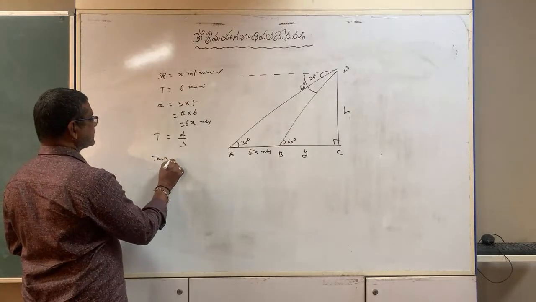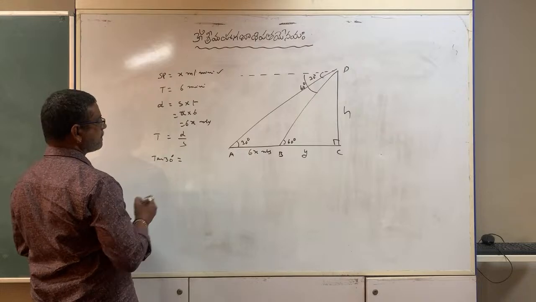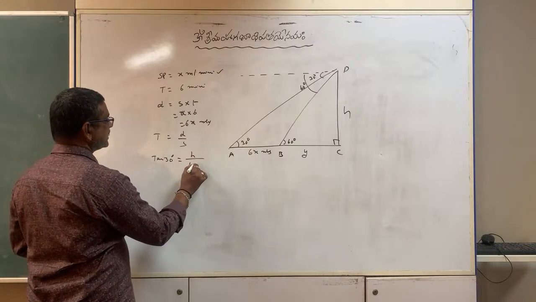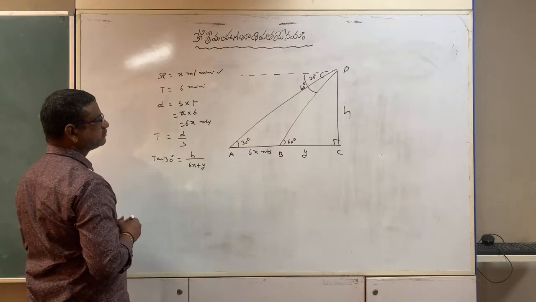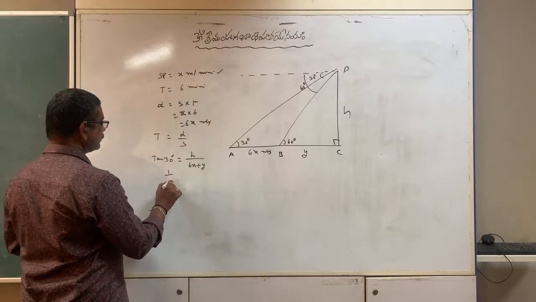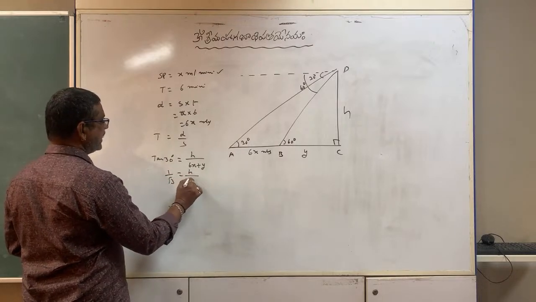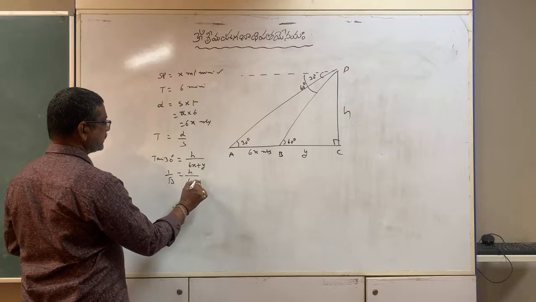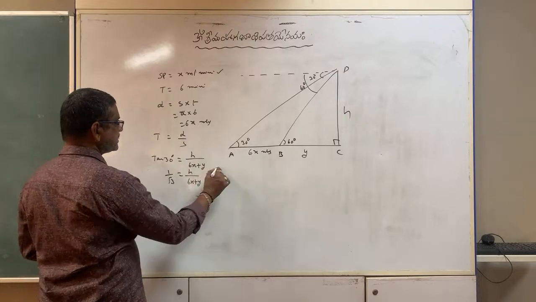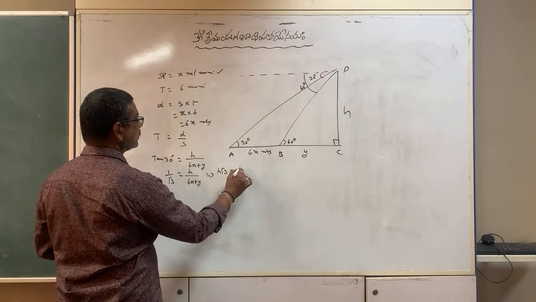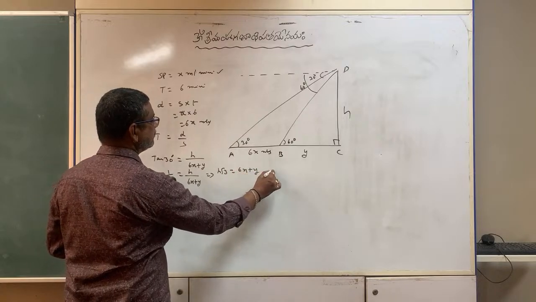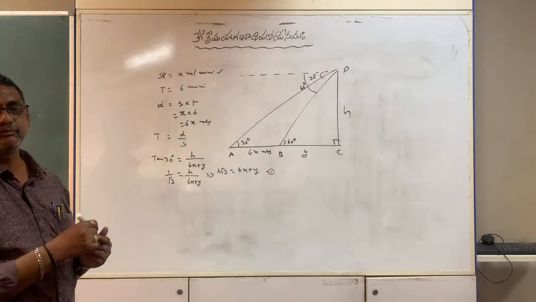Tan 30 I'll apply first. Tan 30 is equal to h by 6x plus y. 1 by root 3 is equal to h by 6x plus y. From this we can write h root 3 is equal to 6x plus y. Let it be equation 1.